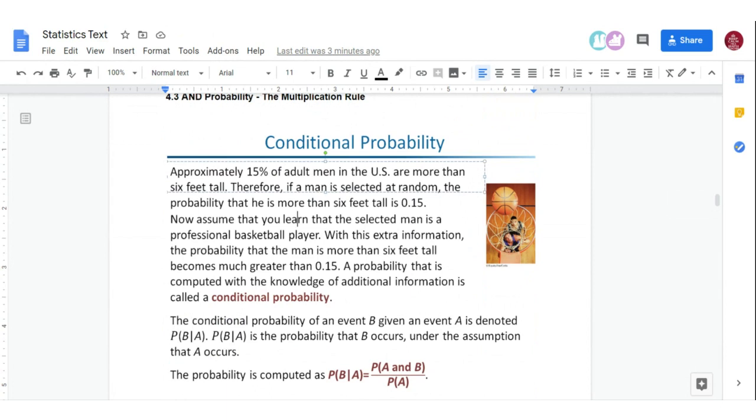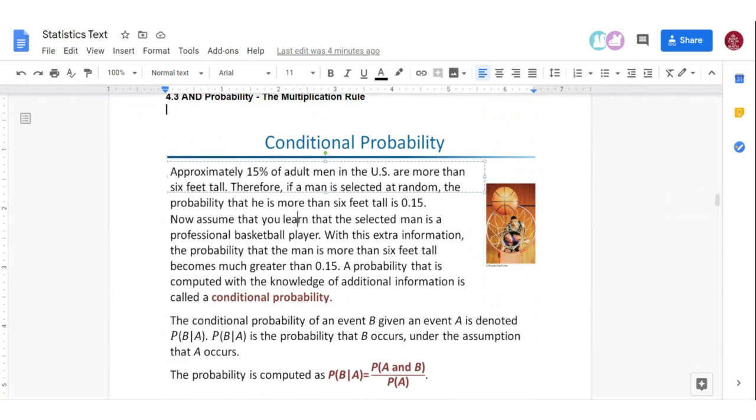Now, if you look at the first couple of sentences of this little paragraph here under the title Conditional Probability, it says approximately 15% of adult men in the U.S. are more than 6 feet tall. So how does that relate to probability? Well, remember, percent is one way to talk about probability, but essentially that means as a decimal 0.15.